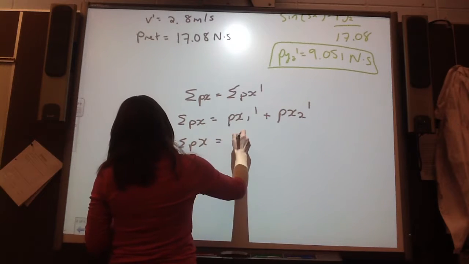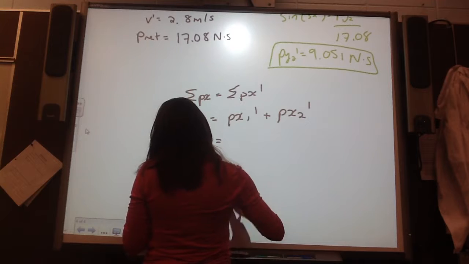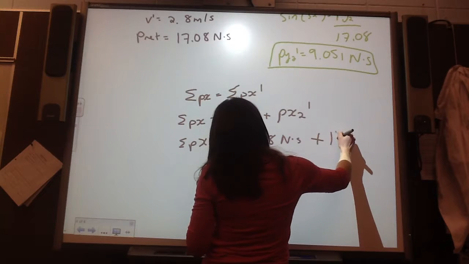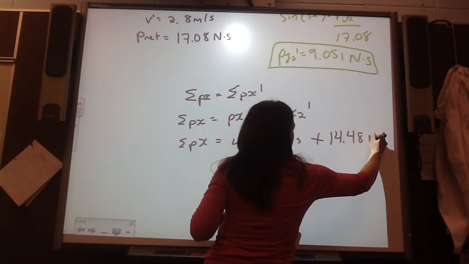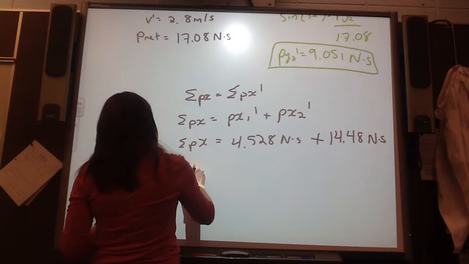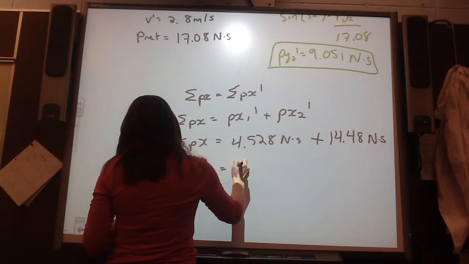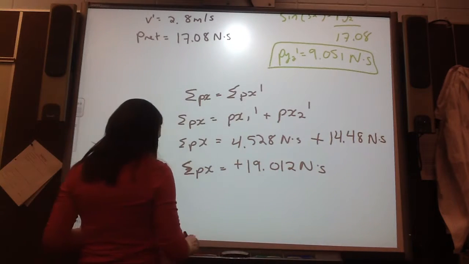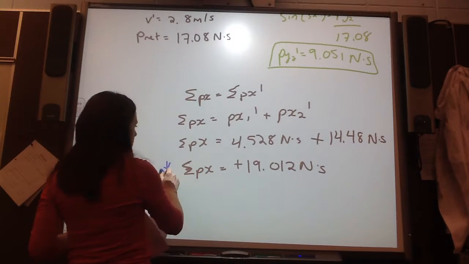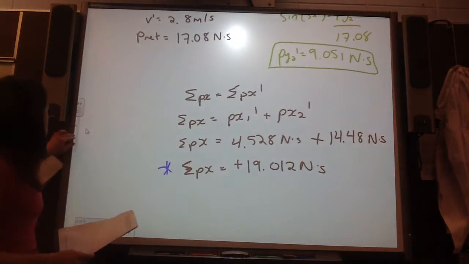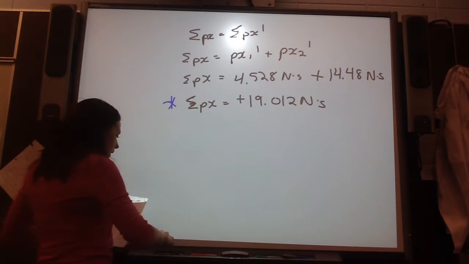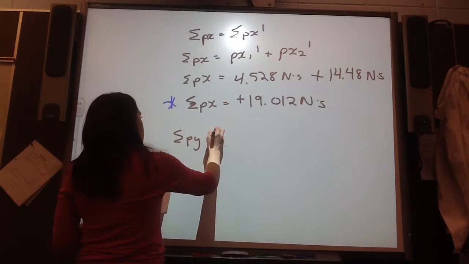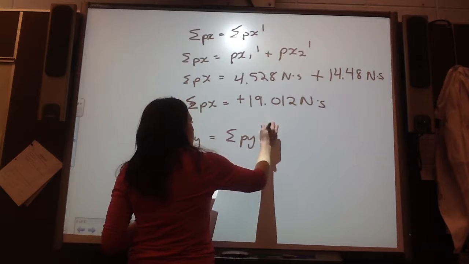So the sum of px is equal to 4.528 Newton seconds plus 14.48 Newton seconds. So the sum of our px is equal to positive 19.012 Newton seconds. This is another important number. Okay, then we have the same assumption about our y values. So our sum of py is equal to the sum of py prime.